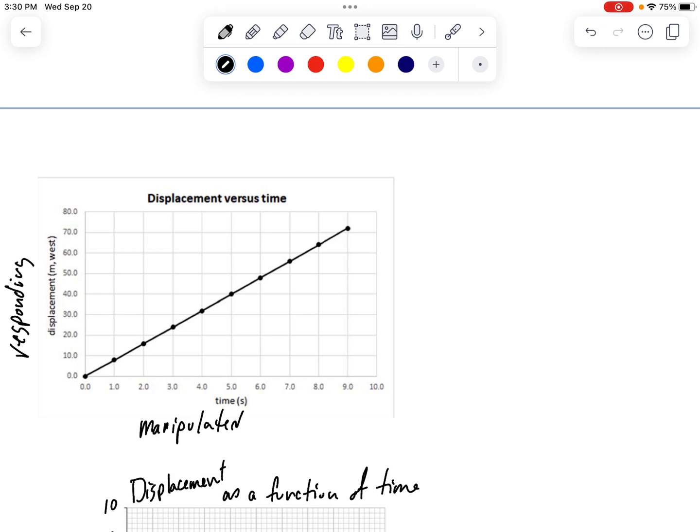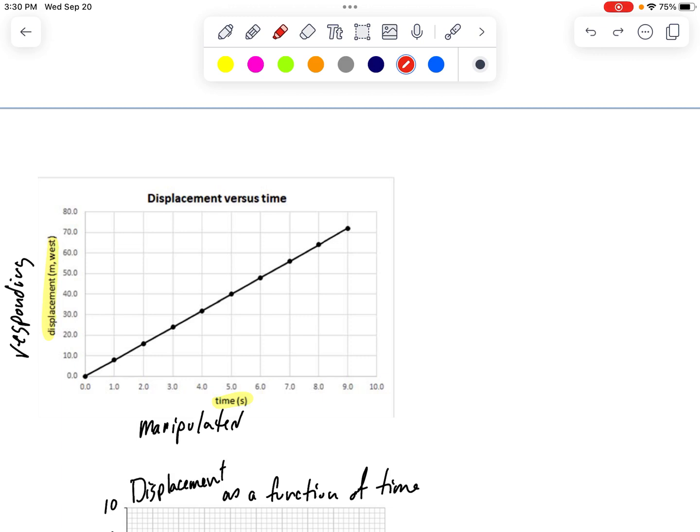As time changes in this particular graph, we get a change in the displacement. Displacement is a vector, and we can see that on this graph our displacement is steadily increasing in the positive direction as time goes on.